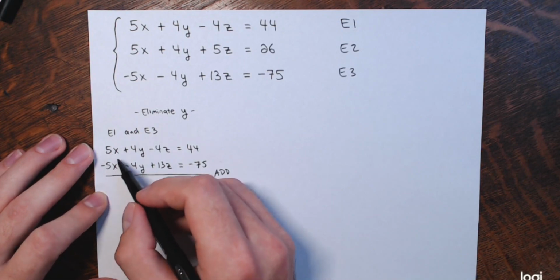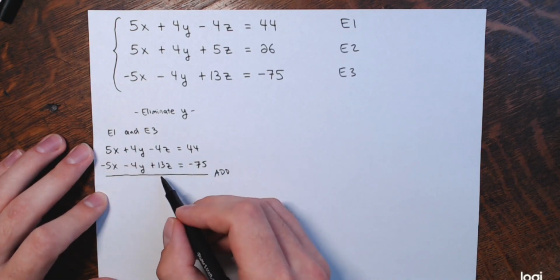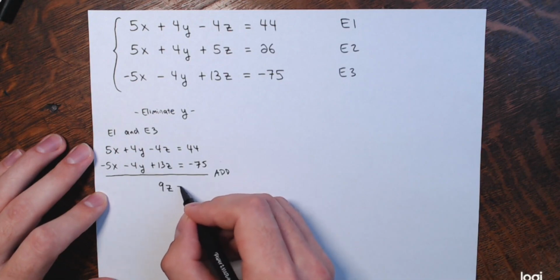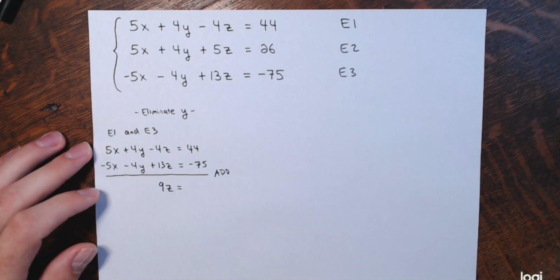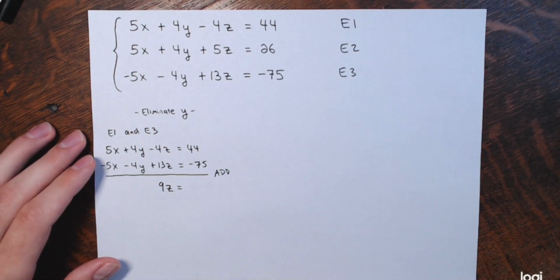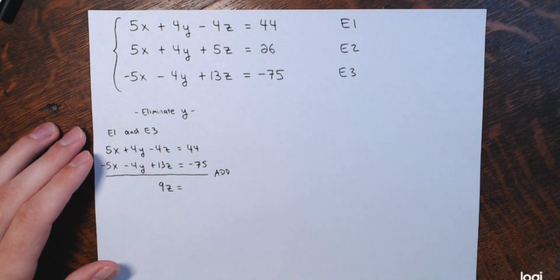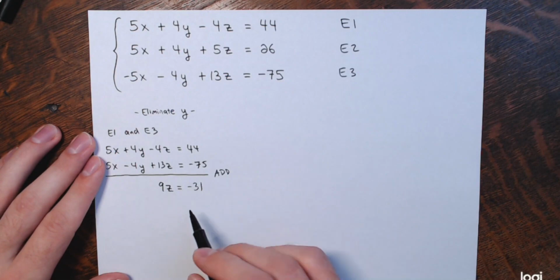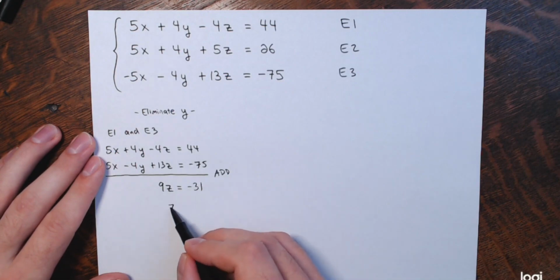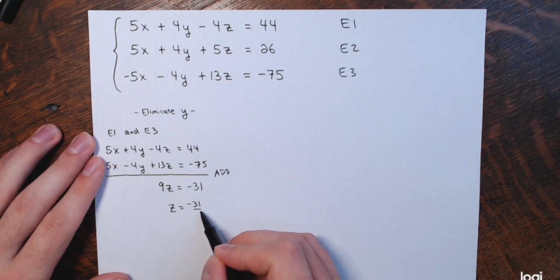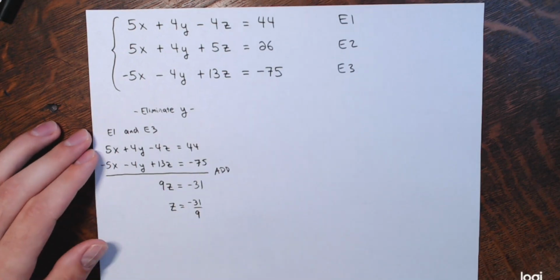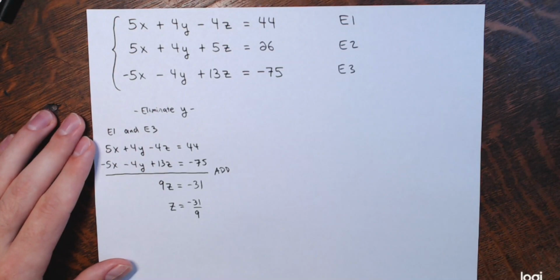Same thing for the x's, so both of those will be gone, and I'll have negative 4z plus 13z, that'll be 9z equals 44 plus negative 75, that'd be negative 31. Then solving for z, z would be equal to negative 31 ninths. So if this has a solution, the value of z is going to be negative 31 ninths.